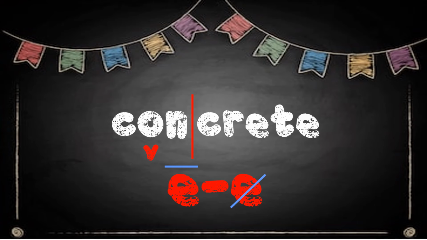I see that O is a vowel, N is a consonant, C is a consonant, R is a consonant, and E is a vowel.